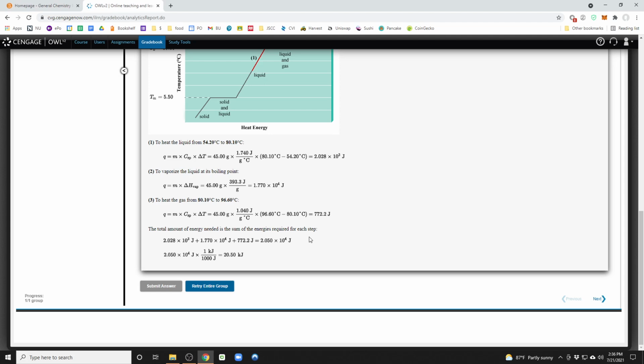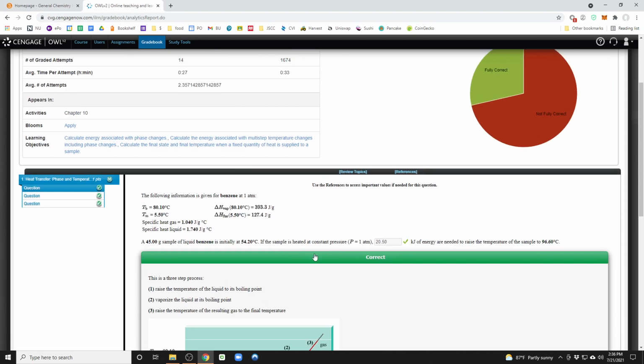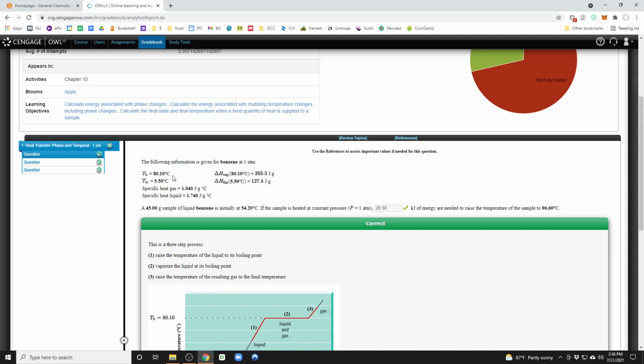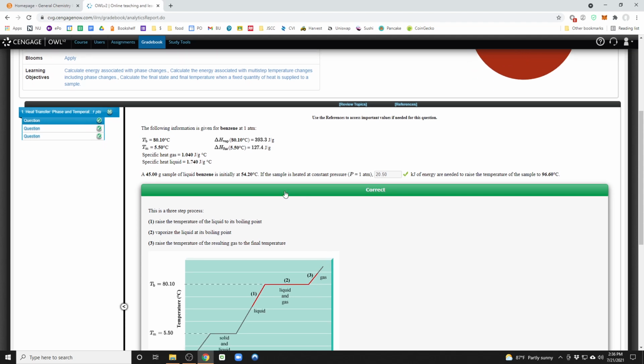Well, there's 1,000 joules for every kilojoule, so I take and divide it by 1,000. That'll give me 20.50 kilojoules. 20.50 being the correct number of significant figures, due to the fact that all of these are in 4 sig figs.